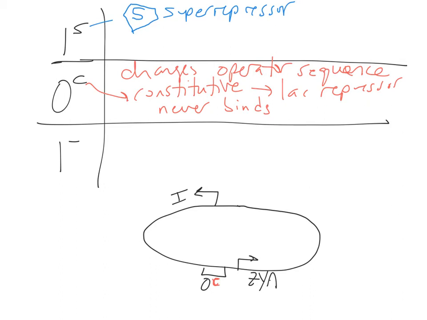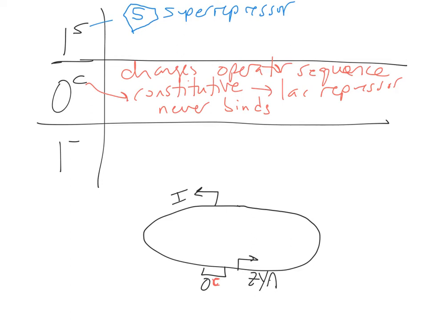Right, so when the bacterium has lactose as a sugar source, it needs to produce the proteins lacZ, lacY, and lacA to use it to grow. So we want transcription when lactose is present. We turn off transcription by using lac repressor.